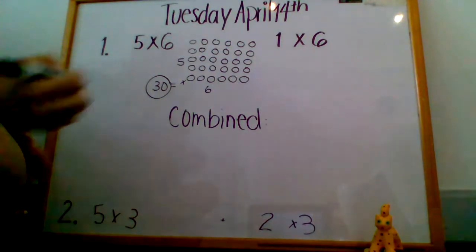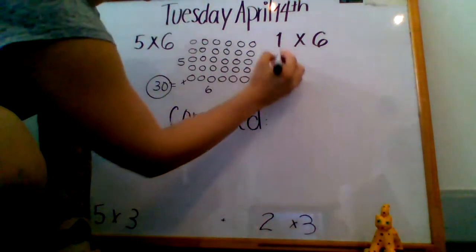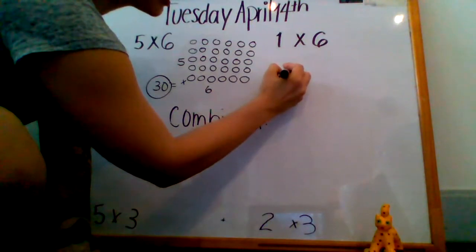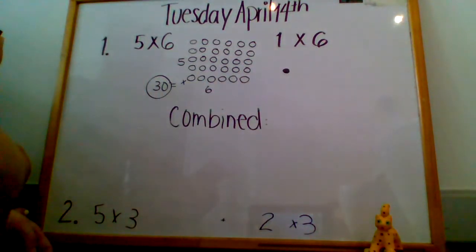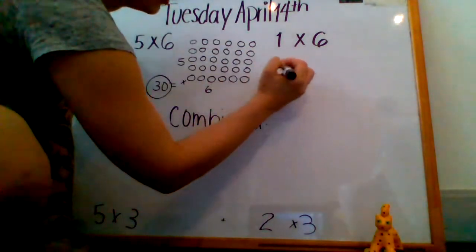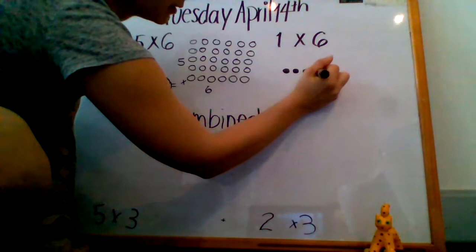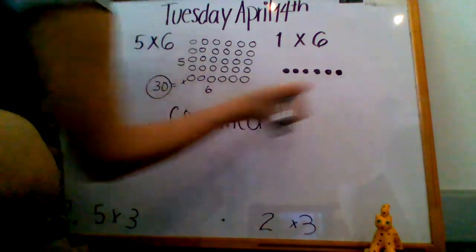Now, here comes a really, really simple array that we're going to make. 1 row, all right? I'm going to make it dark so we can tell the difference. As our 1 row, and then we're going to make 6 columns in our row. 1, 2, 3, 4, 5, 6.